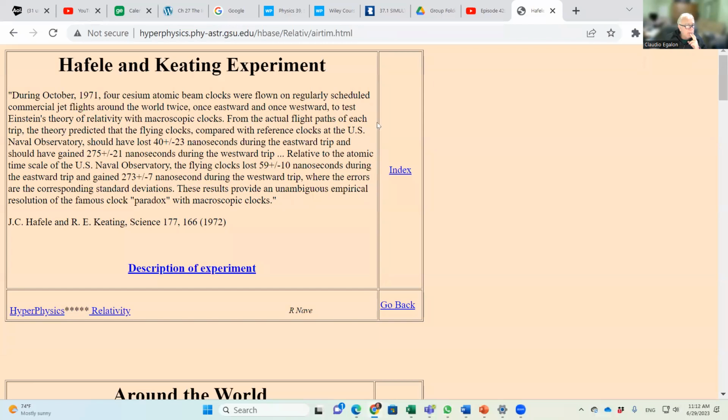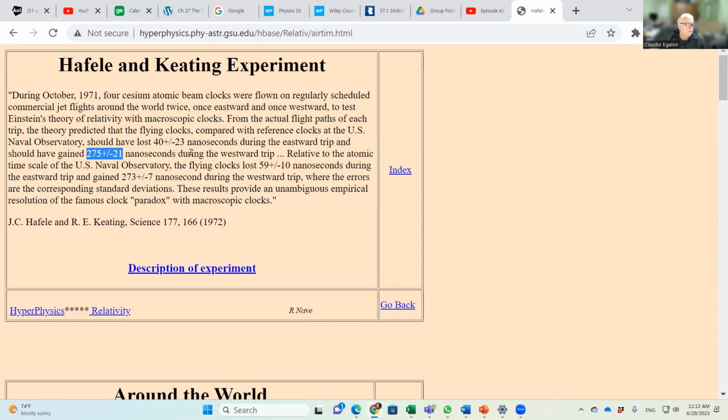The theory predicted that the flying clocks, compared with reference clocks at the US Naval Observatory, should have lost 40 plus or minus 23 nanoseconds during the eastward trip and gained 275 plus or minus 21 nanoseconds during the westward trip.